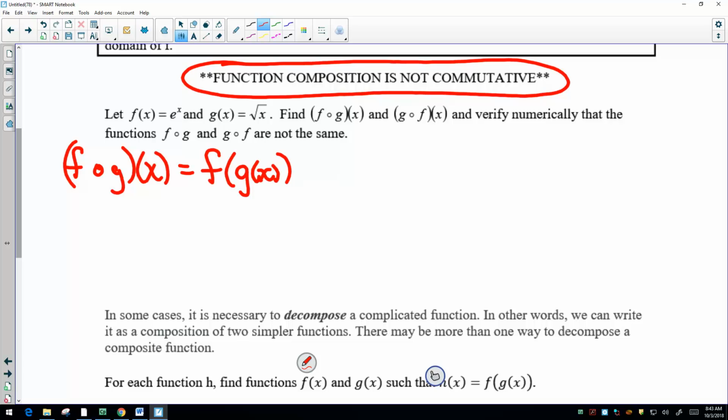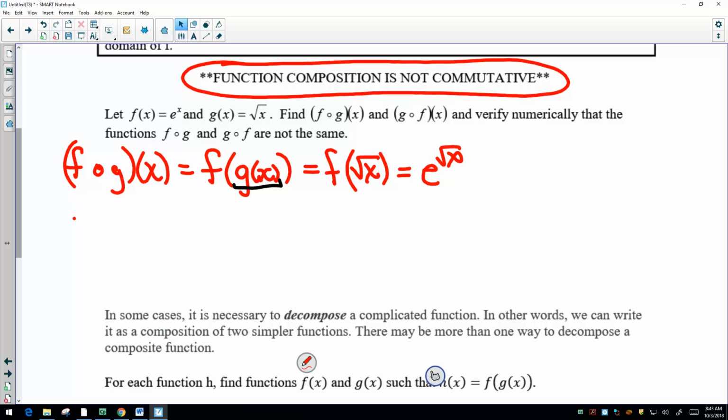So this is saying I'm going to take the f function, and anywhere I see an x in my f function, I'm replacing it with g of x. So I'm replacing it with the square root of x. Okay, so I go into my f function, and the f function is e to the x. So anywhere I see an x, I replace it with the g function, the square root of x. And that's our composed function.